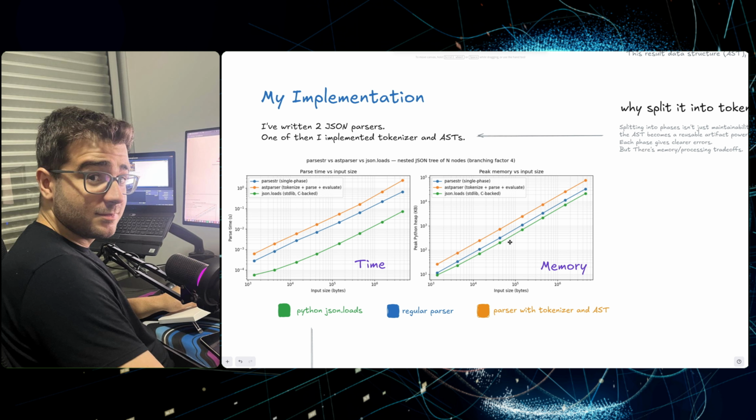We can see over here that the memory usage of my regular parser and of JSON.loads, from the Python standard library, is pretty similar, but with the tokenizer and AST, you consume a little bit more memory. And regarding time, both of my implementations are 10 times worse than the Python implementation.